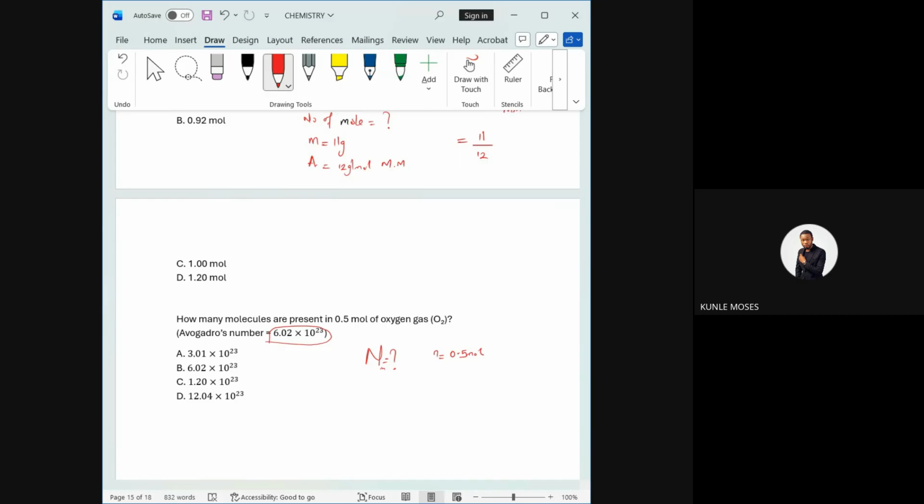Please remember the formula, which is N equals number of mole multiplied by 6.02 times 10 raised to the power 23. So this is what we are looking for. Then multiply your 6.02 by 0.5. Then you will get your answer.